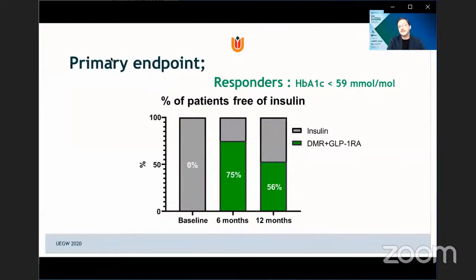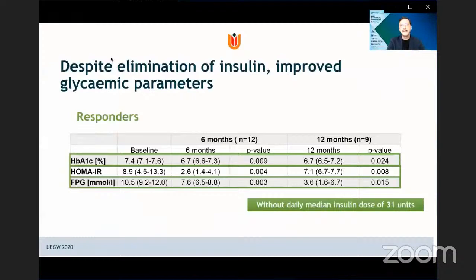So what happens in terms of results? At 6 months, we have 75% of those patients off insulin, and at 12 months, 56% of the patients off insulin. I also wanted to highlight the fact that in previous trials trying just with GLP-1 analog to take patients off insulin, the rate is around 10%. So that's a very positive result indeed.